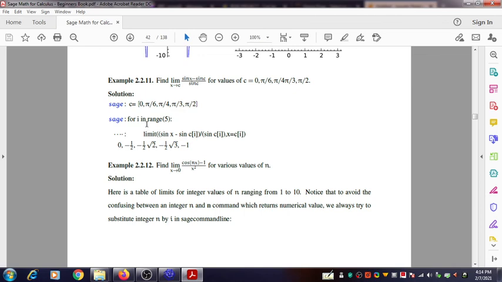So for that you write for I in range 5. For I in range 5 it actually considers the values starting from 0. It will take integer values from 0 up to 4, that is among the integers 0, 1, 2, 3 and 4, not 5.